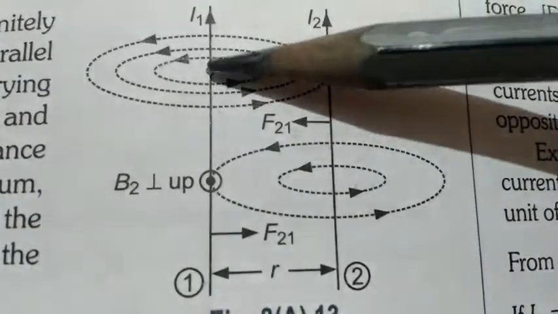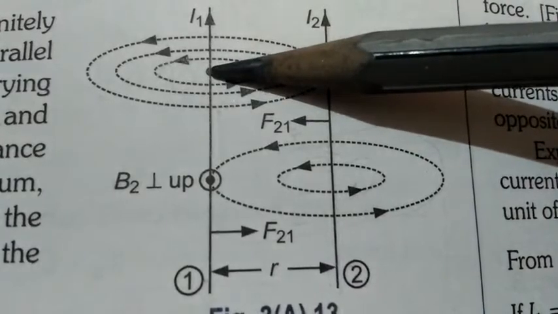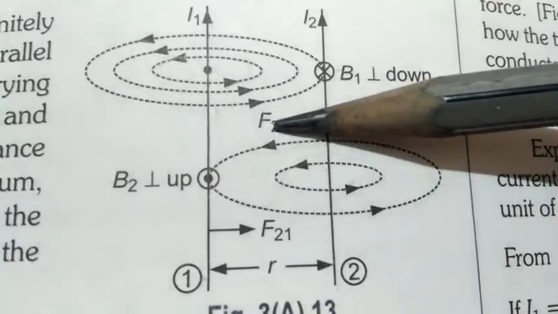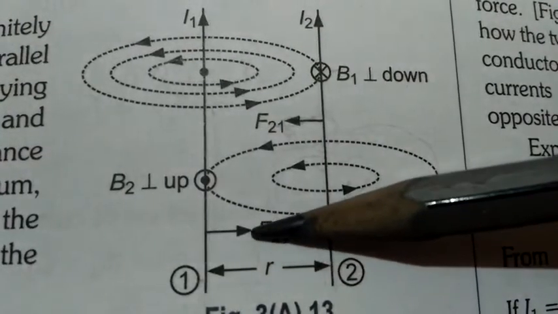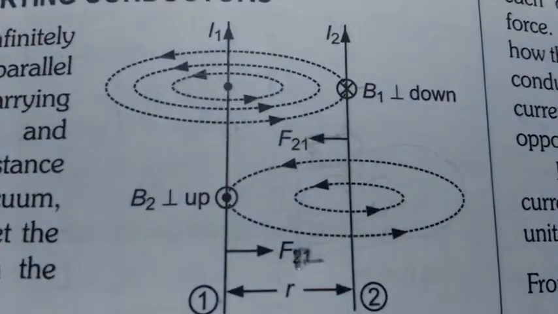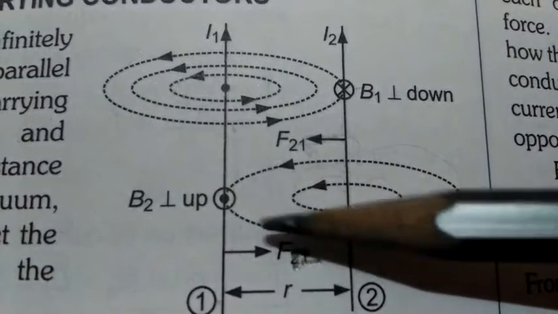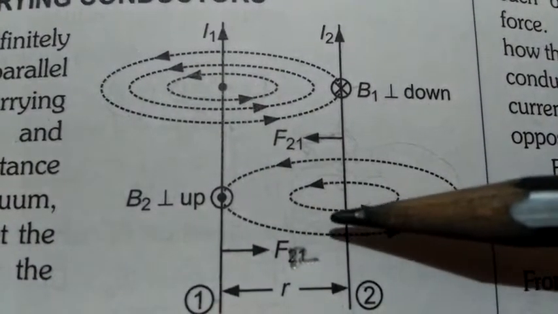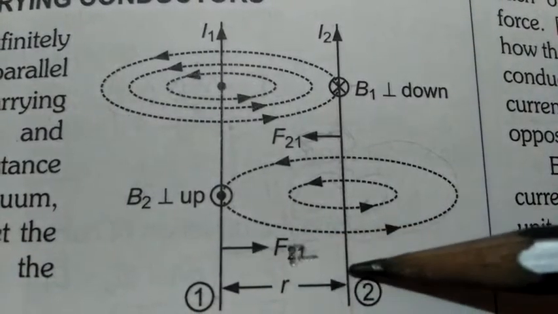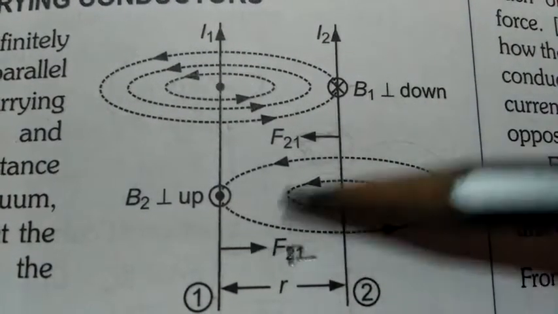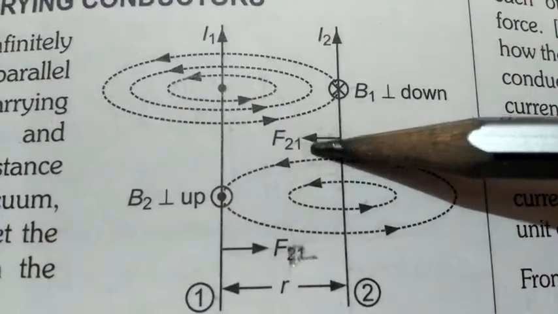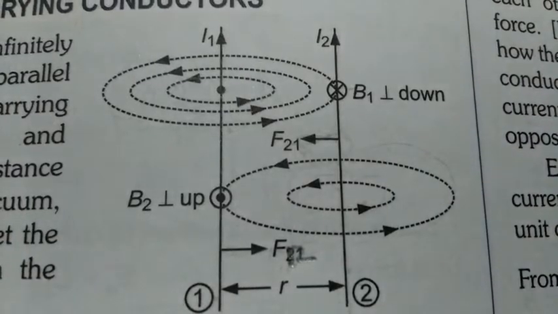The field produced by this conductor is trying to pull the second conductor towards itself. Similarly, it will be F12, the force produced on conductor 1 because of field B2, and it tries to pull the first conductor towards the second conductor. So both the forces are trying to attract the other conductor, and an attraction force will be produced.